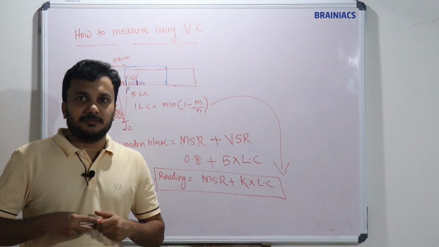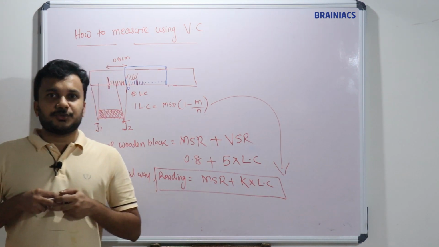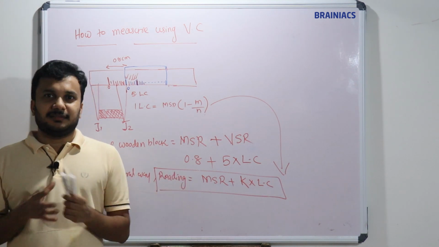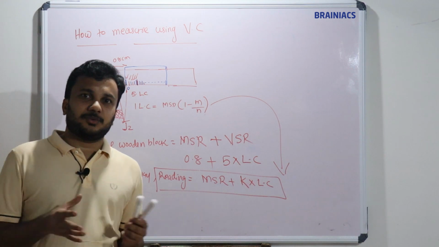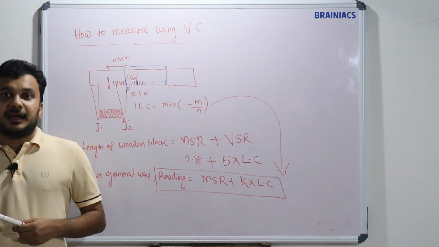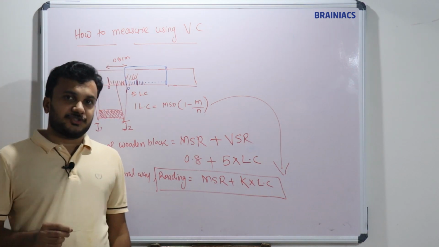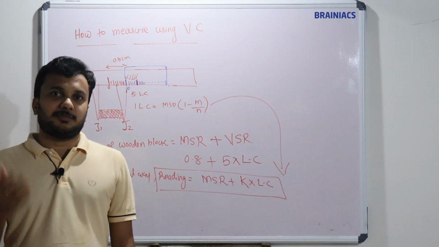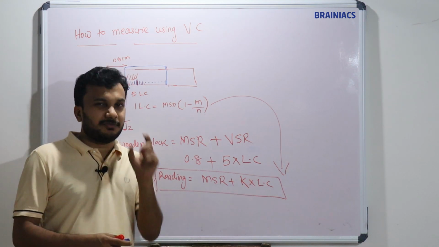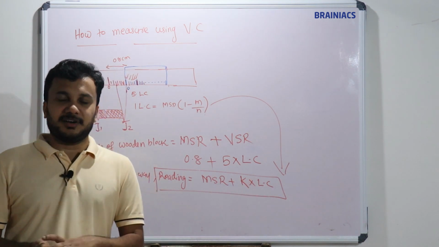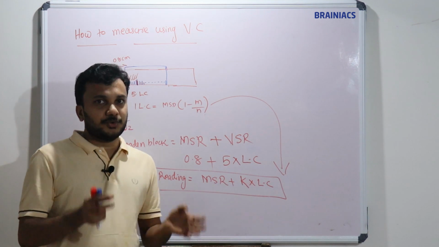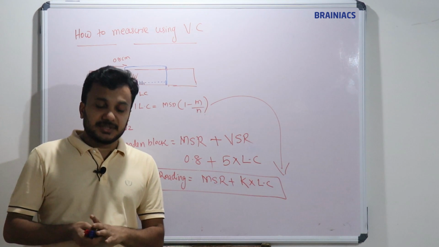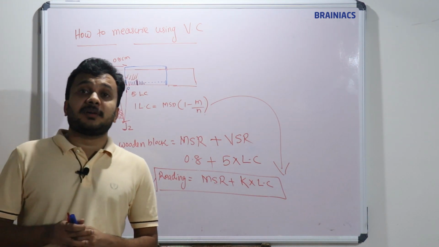So in short, the vernier caliper is a device used to measure length or depth or diameter, anything related to a distance or length. The accuracy of this instrument is very precise compared to our normal scale, because the least count is normally a very small value. If you multiply these two, you will get some decimal places, which means this gives a more accurate value.